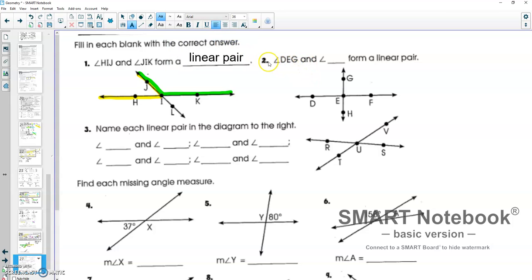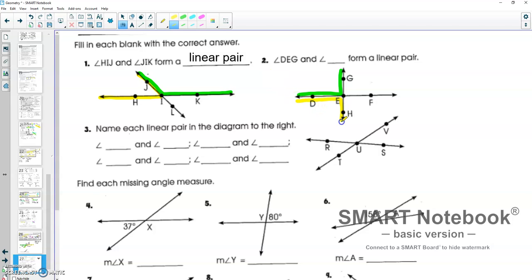We know our answer is linear pair. And look at this one. It says DEG and blank form a linear pair. So I have DEG and another thing that forms a linear pair. Remember, does it make a line?